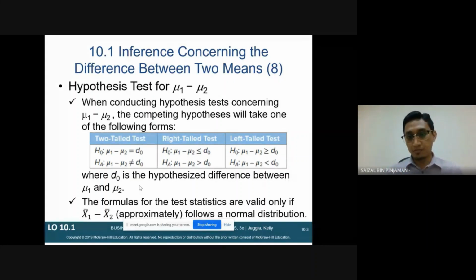So if the status quo states that population 1 is equal to population 2 in terms of value, the alternative hypothesis will always go against that. It states that population 1 average value is not equal to population 2 average value, if we are referring to the two-tail test. Same goes, you can also apply the same concept for the right tail test and left tail test.